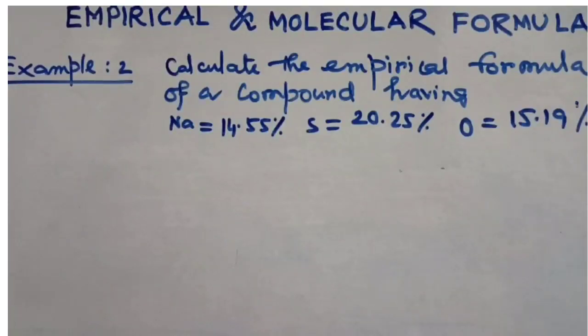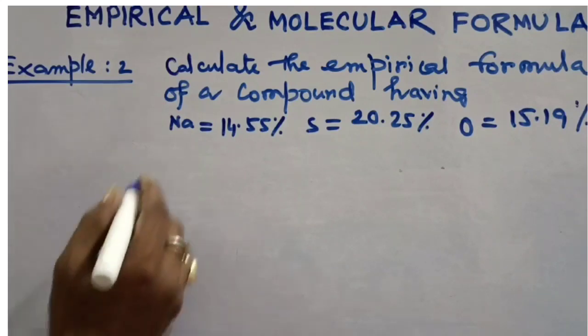Now example number 2. Calculate the empirical formula of a compound having the percentage composition of sodium 14.55%, sulfur 20.25%, and oxygen 15.19%. At first we have to divide the percentage composition of each element with their atomic weight.